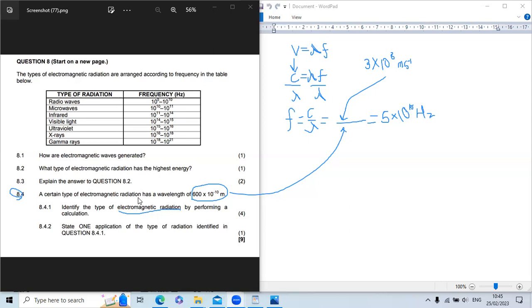So it can actually be used in dental practices. Usually it's used in medicine. I'm pretty sure you know where X-rays are used, right?